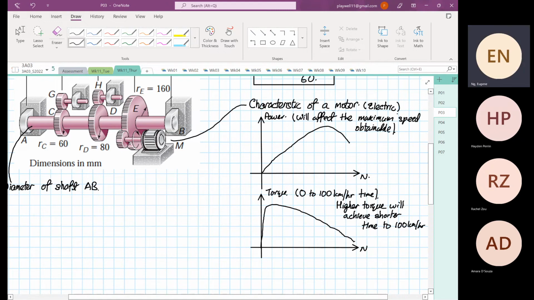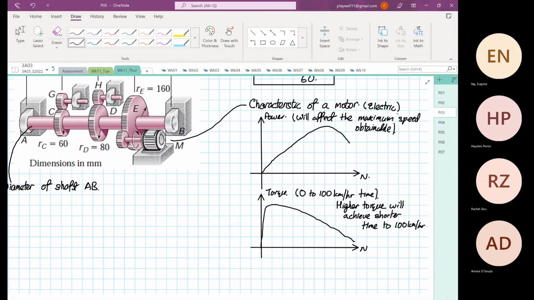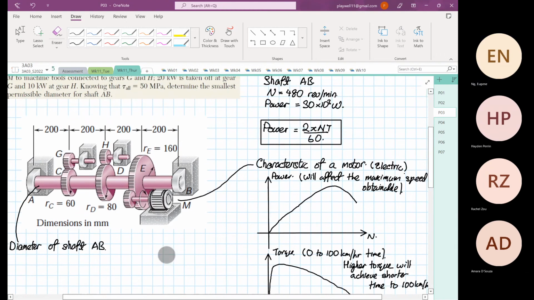So if we were to compare an electric vehicle and a regular combustion engine, usually the electric vehicle will tend to accelerate faster, right? But the maximum speed tends to be higher in general for the combustion engine for this reason. Okay. Right. So coming back to here, right?